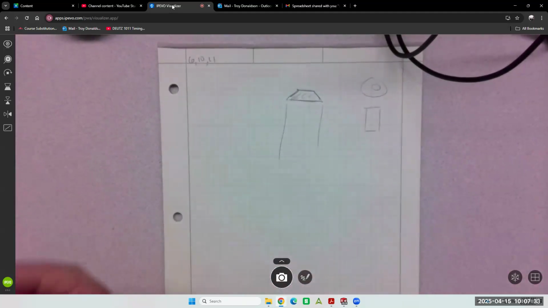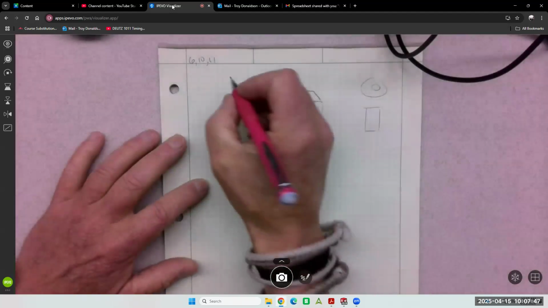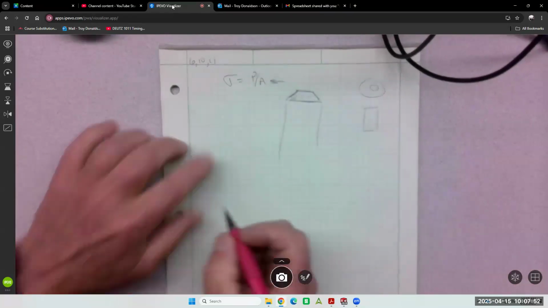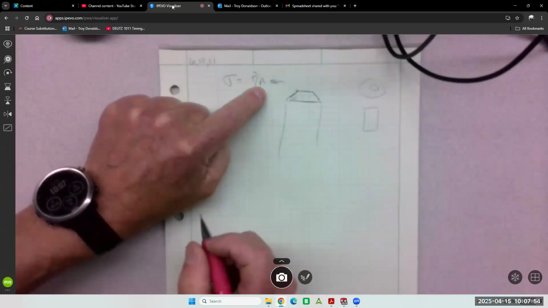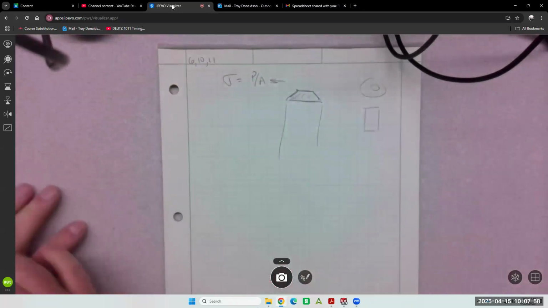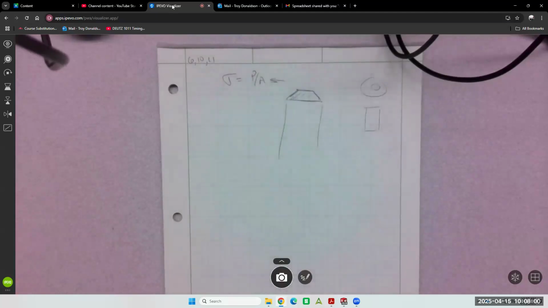So try to get used to that terminology, and maybe or maybe not, you'll see the actual beam or the post. But when they give you the cross section, what are they giving you? The area, right? So we know that stress is P over A. If you're given the cross section, you're given the area. And of course, if you're given the load, then you have everything you need to calculate a stress.